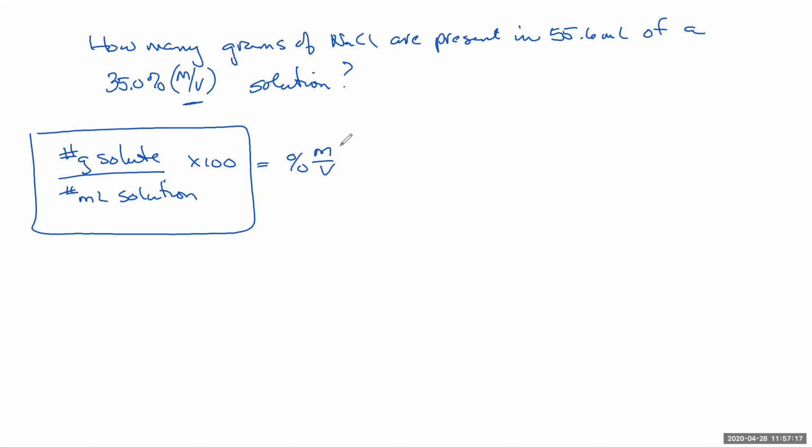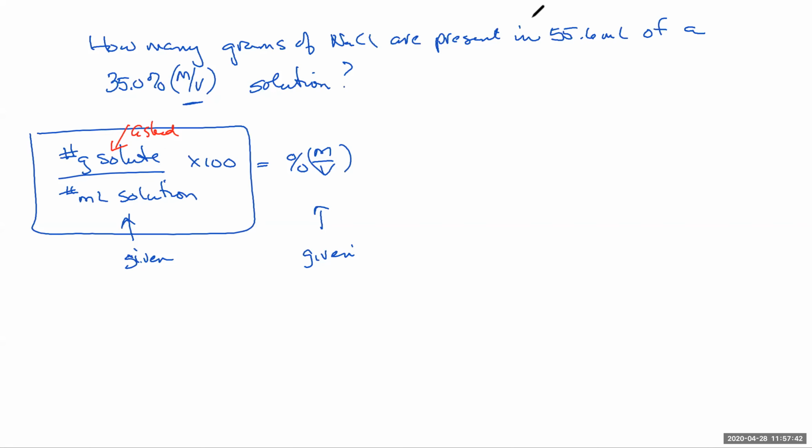In this case, this is given, and the milliliters of solution is given, and what you're asked to find is how many grams of solute. And so it's just algebra to do this, and you can set it up as dimensional analysis, you can plug and chug it as an algebraic problem, or you could even just set it up as a proportion.